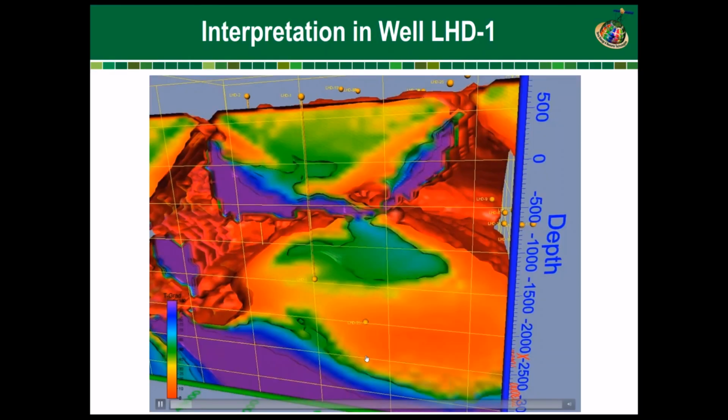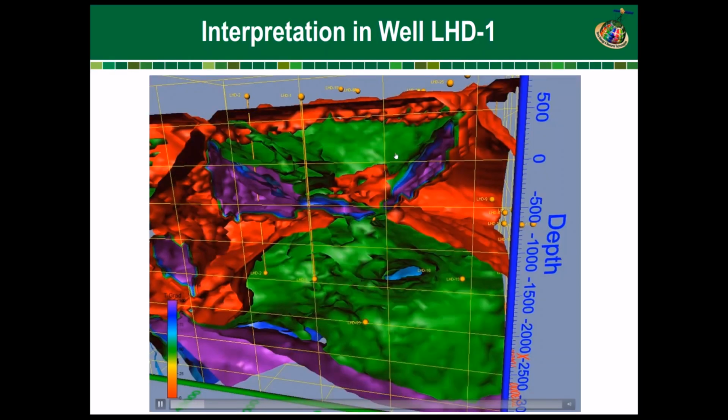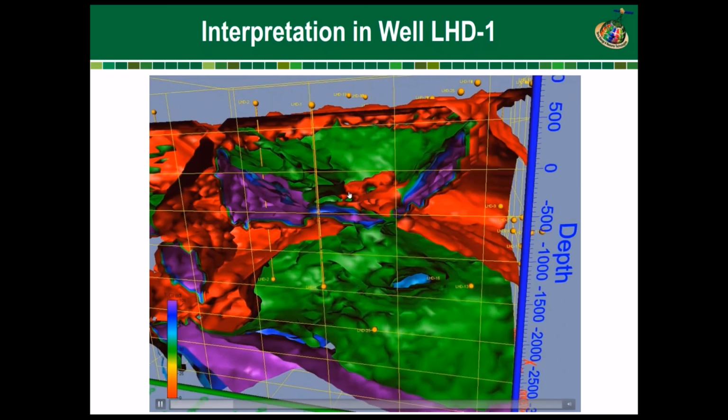Let's take a look at another well. This well is LHD 1. LHD 1 seems like a very busy area tectonically speaking, although we cannot infer it from looking at just this particular 3D volume.